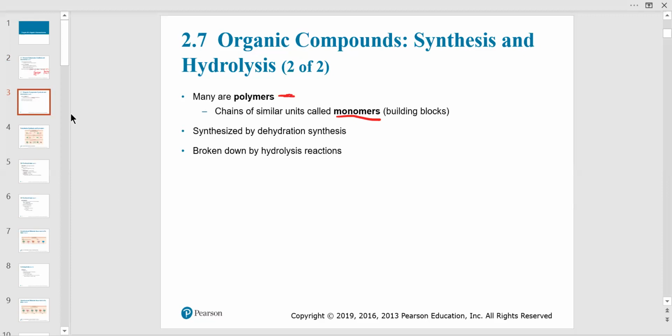And DNA, of course, has many nucleotides within its system, and RNA as well. So we'll talk about the difference between DNA and RNA and what transcription is and what translation is. Now the monomers are your monosaccharides, your amino acids, your fatty acids, and your nucleotides. And that's pretty good. Hopefully there's a nice table that'll help you memorize those and understand it.